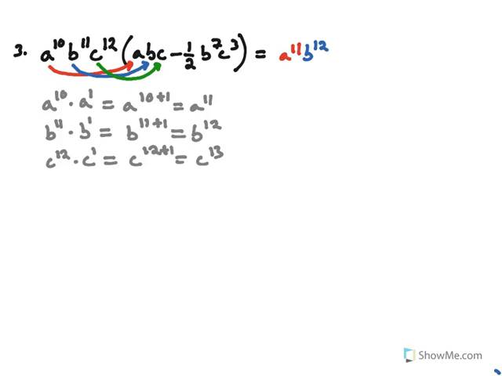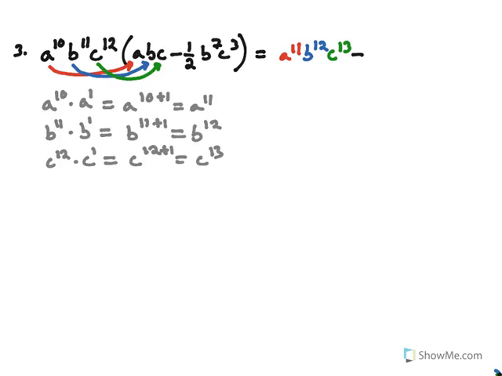So that's what you get when you take a to the 10th, b to the 11th, c to the 12th, and multiply it by ABC. Now the next sign here is negative.